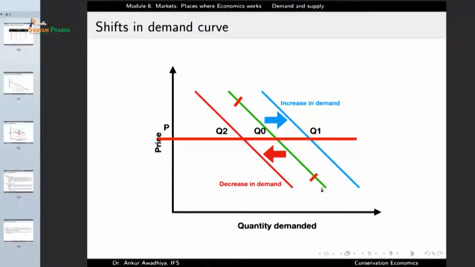In the case of this green curve, if the price has increased, we are moving from this point to this point, and the quantity that is demanded decreases. So the quantity demanded here is more and the quantity demanded at this point is less. Now this is known as a movement along the demand curve, but when the demand curve itself shifts, then we say that there is a shift in the demand curve.